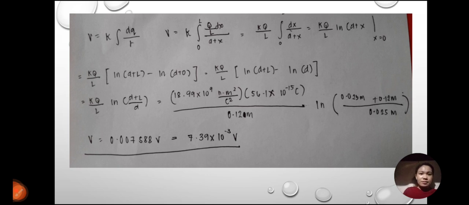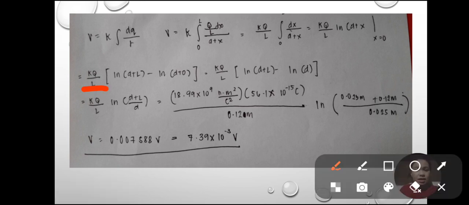So V is equal to K, the integral of Q over L dx over D plus x, is equal to KQ over L, the integral of dx over D plus x, is equal to K times Q over L times natural logarithm of D plus x, is equal to KQ over L times the natural logarithm of D plus L minus the natural logarithm of D plus 0, is equal to K times Q over L times the natural logarithm of D plus L minus the natural logarithm of D. So, this is it: KQ over L times natural logarithm of D plus L over D.